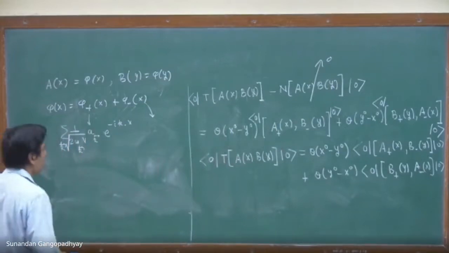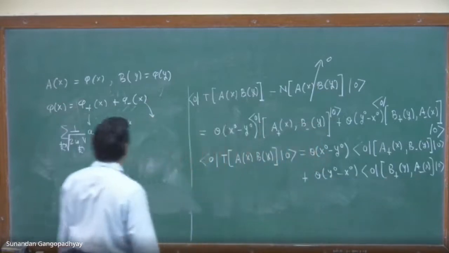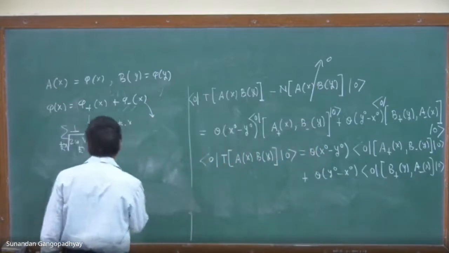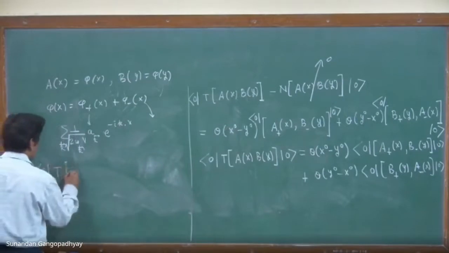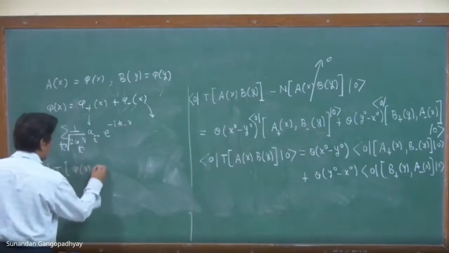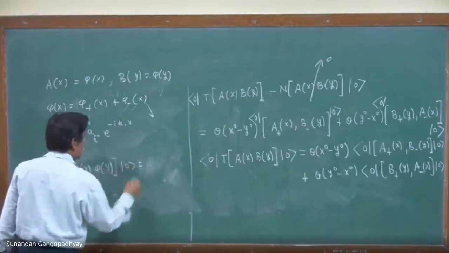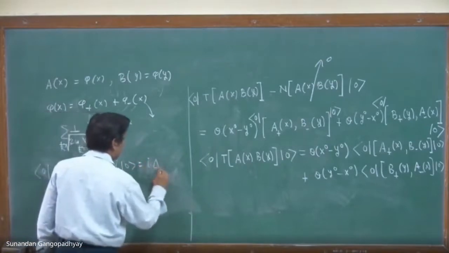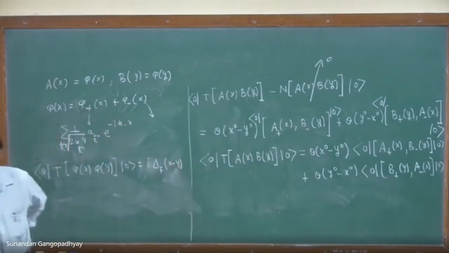Then if you calculate this, you will end up with the result that we have already derived, that phi x, phi y is nothing but i delta f x minus y. So this is just a check that all these formulas are correct. So you can check this.